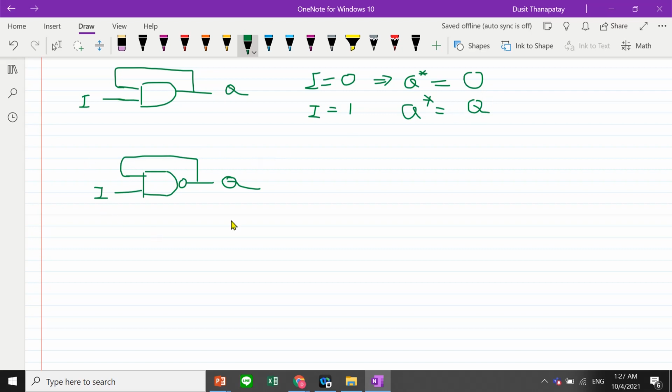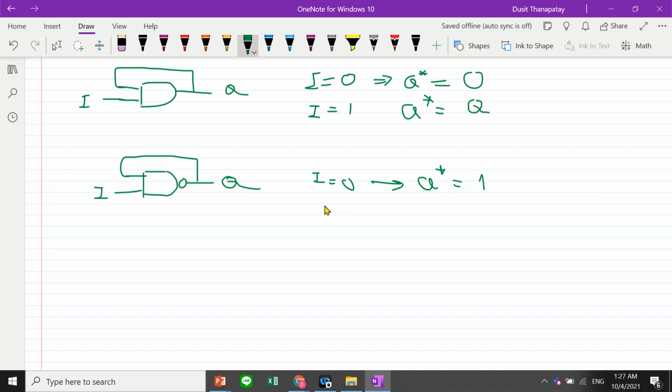How about this one? For this one, when I is 0, Q star is what? When I is 0, 0 and anything is 0 and then invert, so it becomes 1, right? So output Q star is 1.